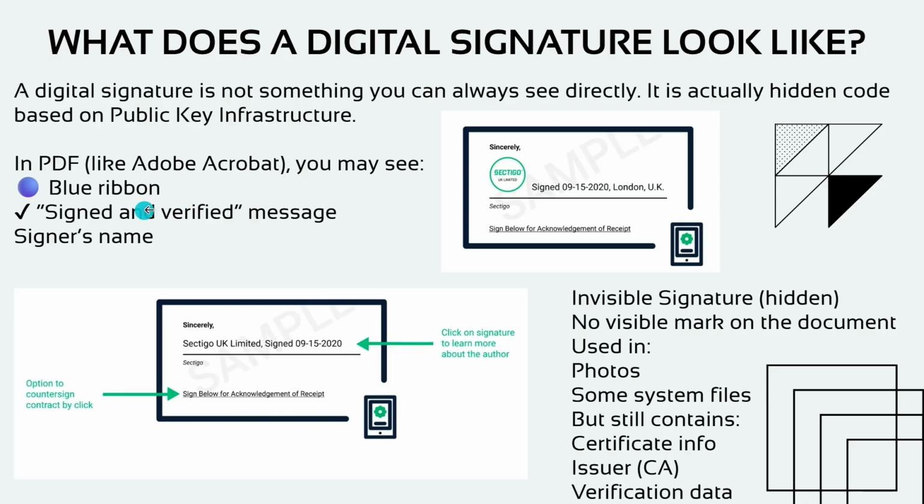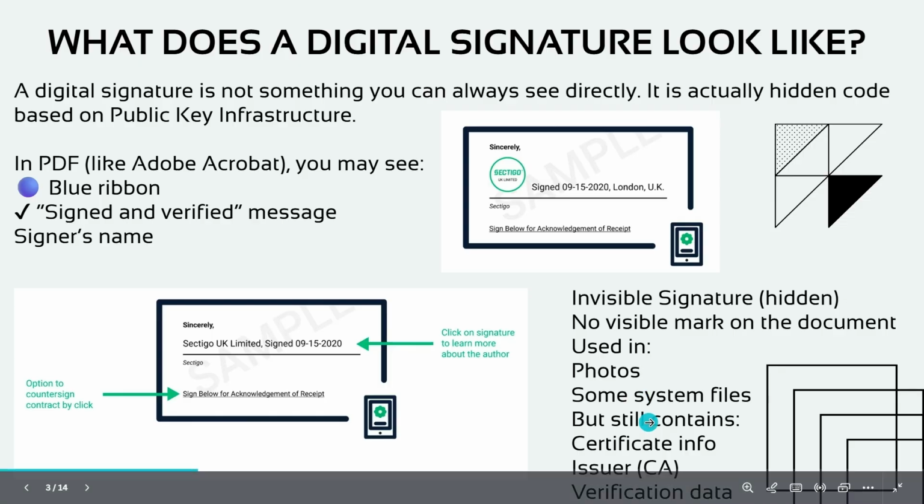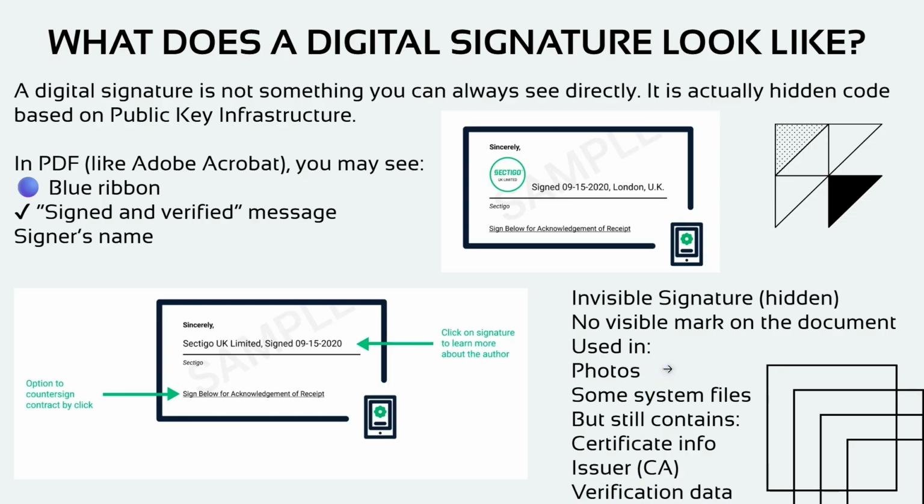In Adobe Acrobat, we see a blue ribbon, a signed and verified message, and the signature name. A digital signature is kind of invisible or hidden, with no visible mark on the document, but it still contains the certificate info, issuer, timestamp, things like that.